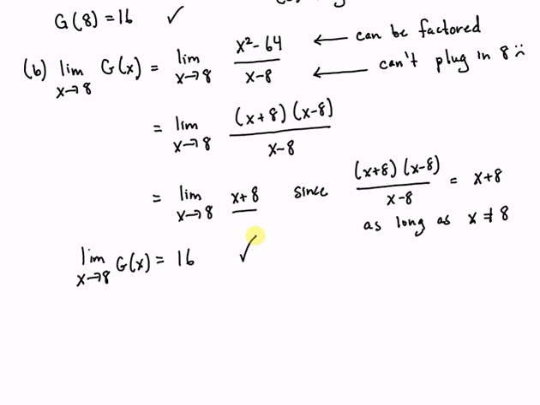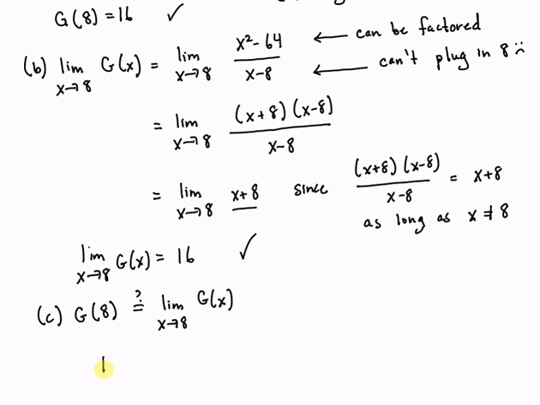For C, I want to check if g of 8 is equal to the limit as x approaches 8 of g of x. In other words, is the behavior near 8, does it make sense with the behavior at 8? Is anything weird happening at 8, like a jump or a gap?